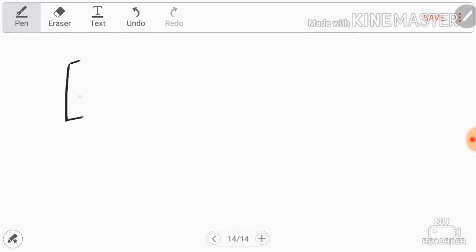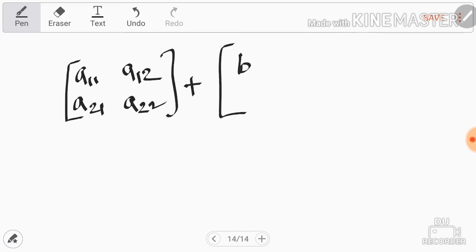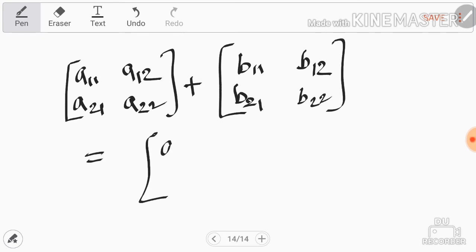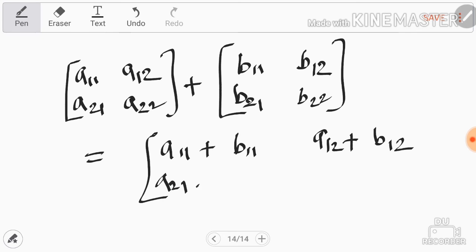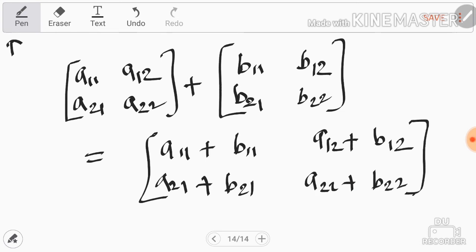And the usual matrix addition, that is a11, a12, a21, a22 plus, if you have say b11, b12, b21, b22, which is simply the addition of the corresponding elements, a11 plus b11, a12 plus b12, a21 plus b21, and a22 plus b22. This will be the addition in M2(R).